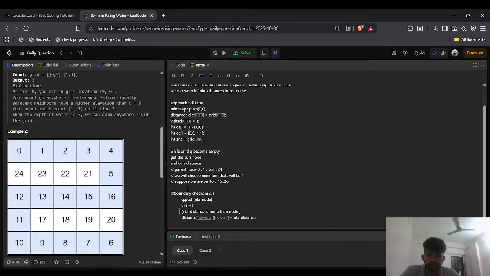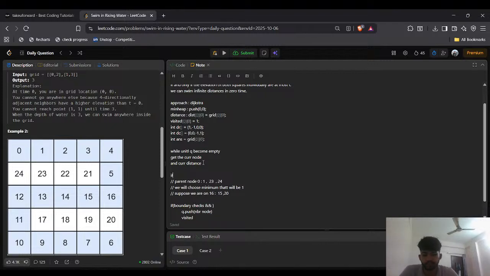And we can eventually check if our node is the last node, which is n-1, n-1.